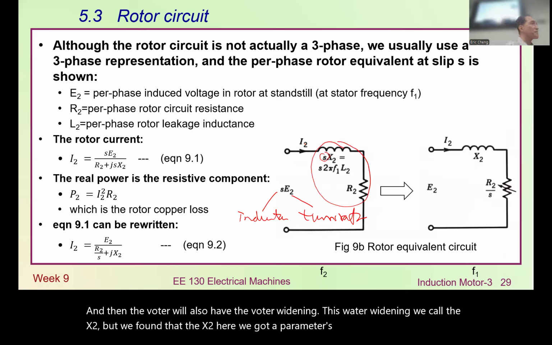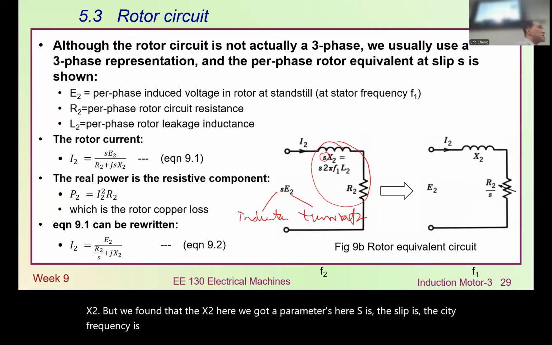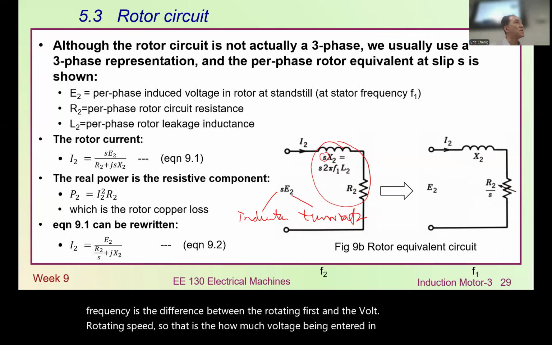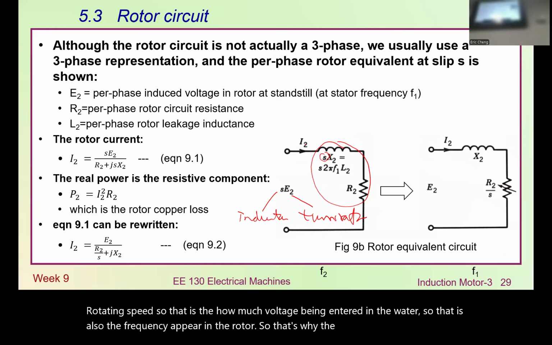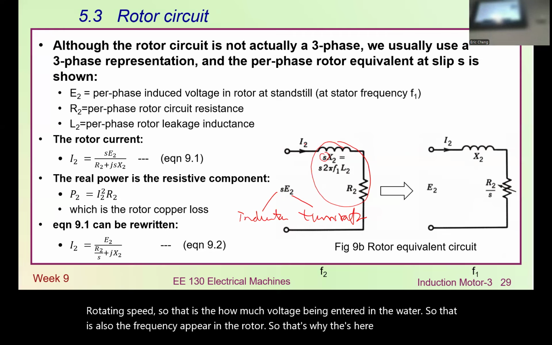S is the slip. The slip frequency is the difference between the rotating flux and the rotor rotating speed. That is how much voltage is induced in the rotor, and that is also the frequency appearing in the rotor. So that's why the S here represents the frequency in this circuitry.